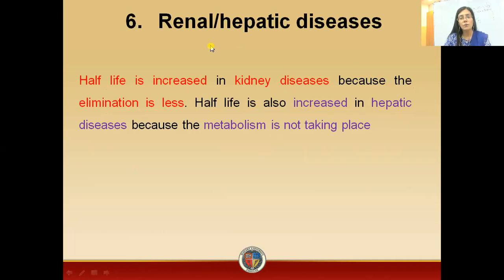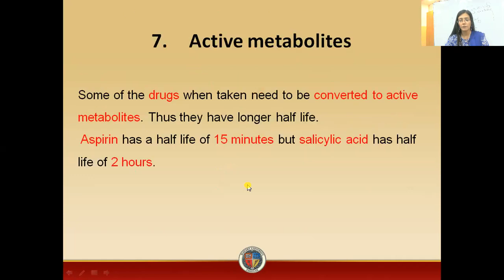Now, if your patient is suffering from any kidney disease, that is, the kidney is unable to excrete the drug, it means it is increasing the half-life of the drug. If the patient is suffering from hepatic disease, that is, the liver is unable to metabolize the drug, then that disease is increasing the half-life of the drug.